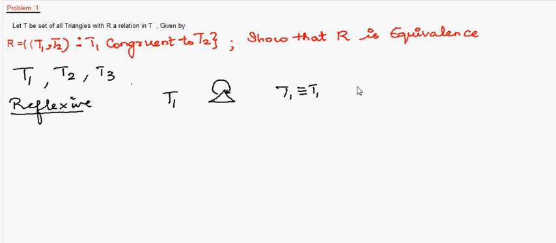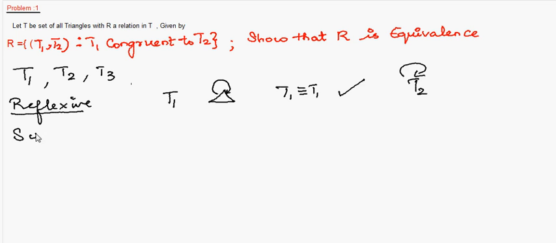It will be similar to itself, or it is related to itself. Then reflexive relation is met. You can say the same for any triangle, say T2. If I select T2, it is related to itself, that means it is similar to itself. Then this holds good for the set of all congruent triangles.